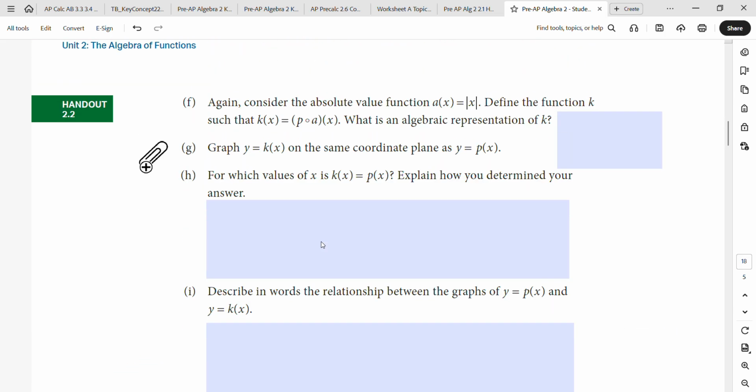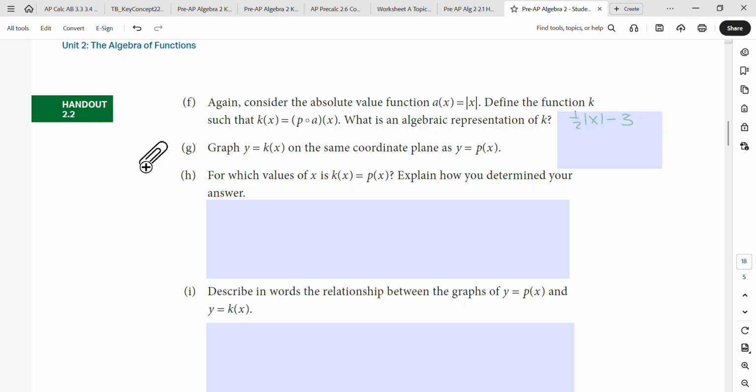In F, it'd be the opposite. It'd be 1/2 absolute value of x minus 3, because it's just changing which function you're plugging into the other. And here's one thing we can start recognizing now.